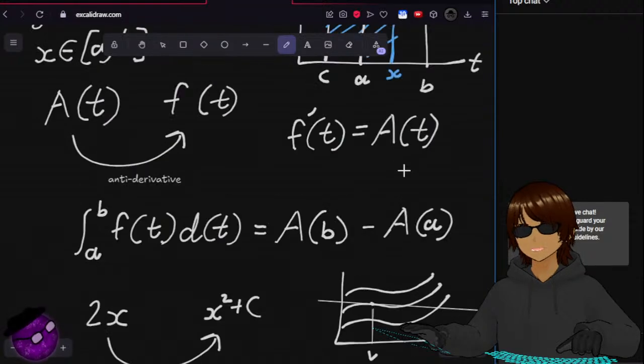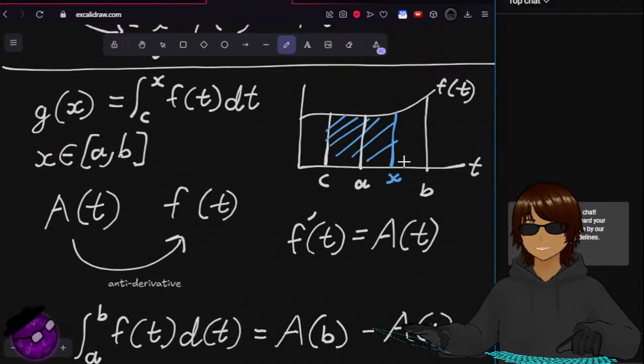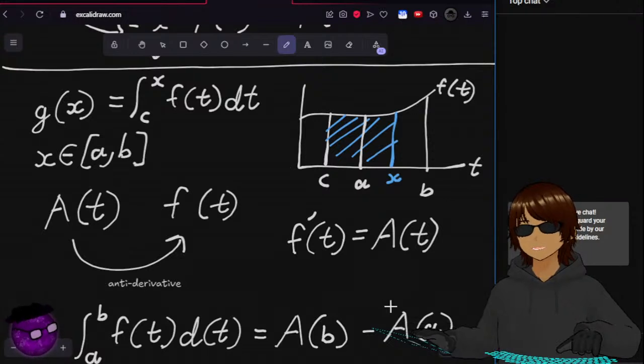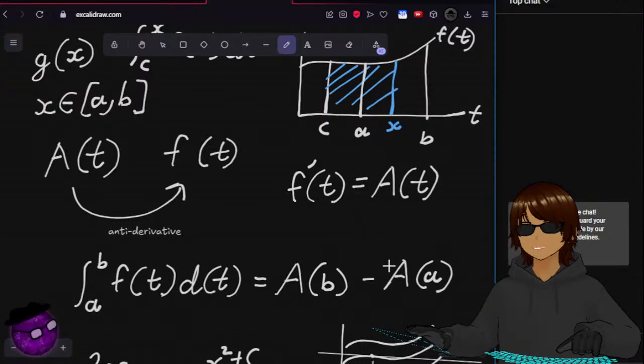And the antiderivative, in terms of integral, basically means we know that the endpoint of the area is b, but we don't know the starting point. So the starting point could be anywhere. The endpoint is over here. So the antiderivative at b gives the area from an unknown starting point to b. The antiderivative at a gives the area to a, but the from is unknown.